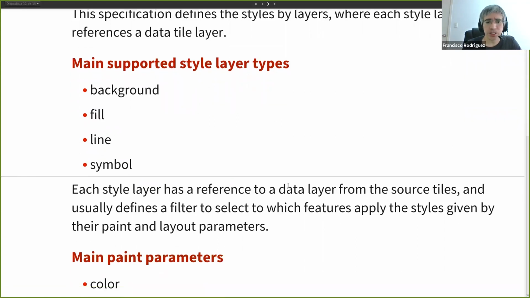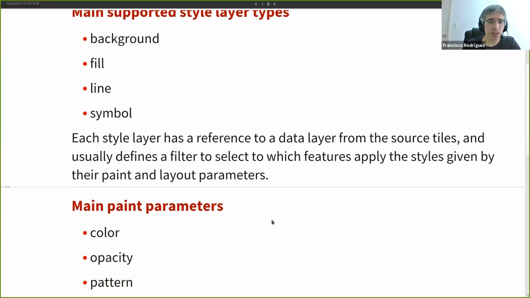As I said, in general, each of these layers may refer to a source layer. And each one will define some filters, with the key values, to pick up which elements from each source layer are going to be applied in the map, and which will use some parameters of paint and layout.